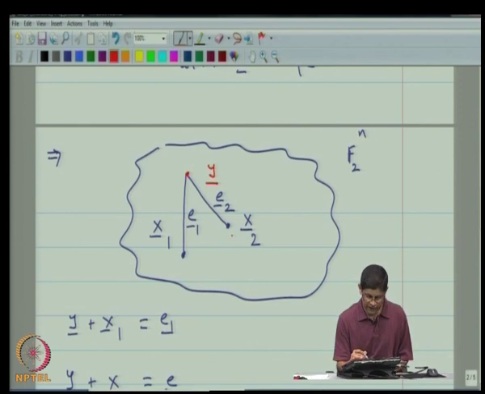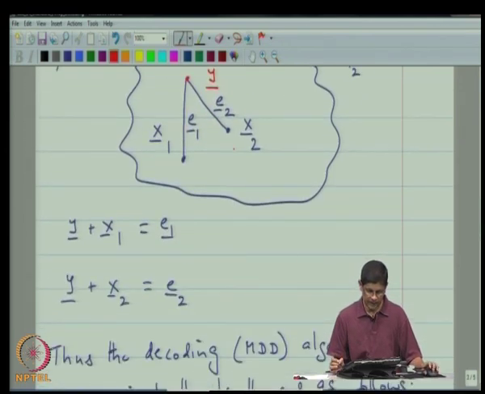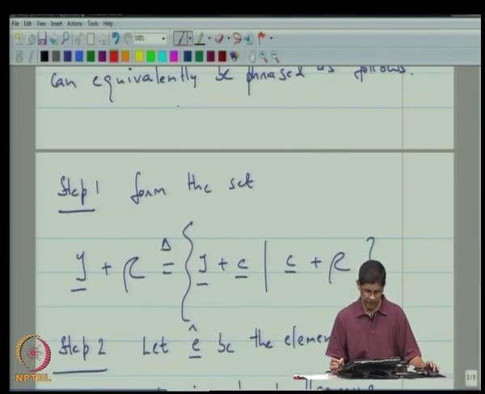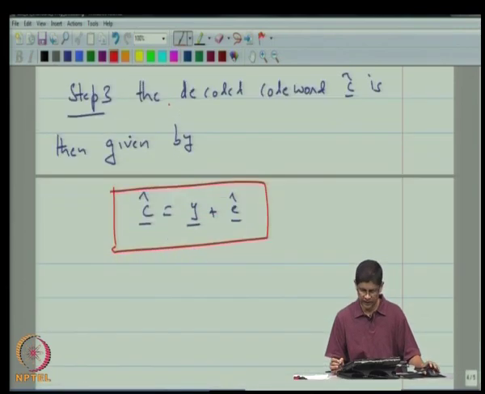So, you are trying to find that code word which is closest to it, which is equivalent to saying you are trying to find that difference vector which has least Hamming weight, and each of these difference vectors E1, E2 represent a potential error pattern. So, you are trying to find the error pattern with least weight, and then you are going to add it back to y to get your estimated code word, and that is a slight shift in perspective, but a convenient one.